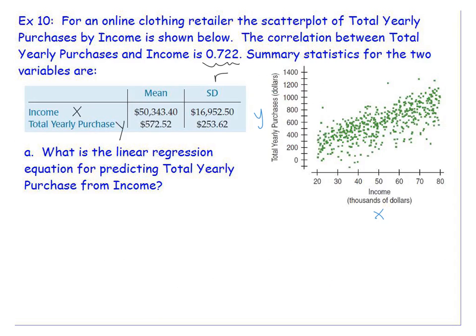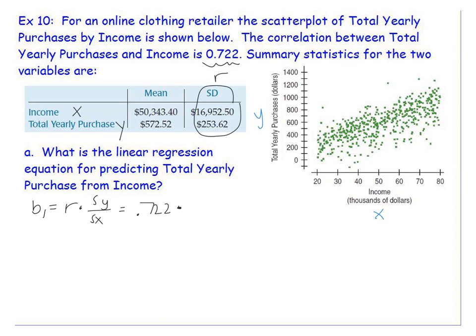So to find my model, B sub 1, we're going to take R times S sub Y divided by S sub X. So R is 0.722 times standard deviation, so we're using this column.